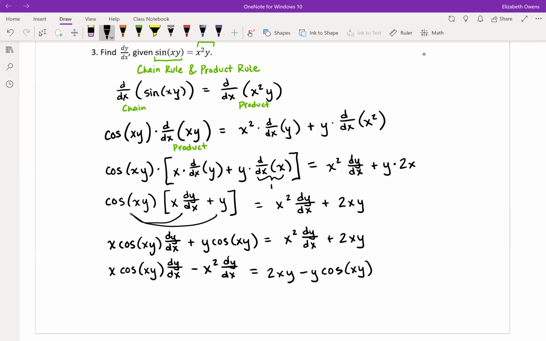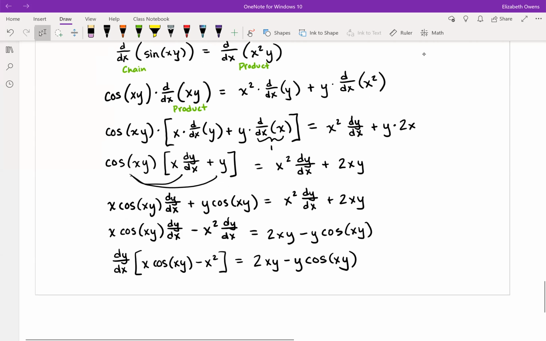Now we need to factor out our dy/dx on the left-hand side. We'll have x cosine xy minus x squared, and then just rewrite the right-hand side. I suppose you could factor out a y over here if you felt like it, though not strictly necessary.